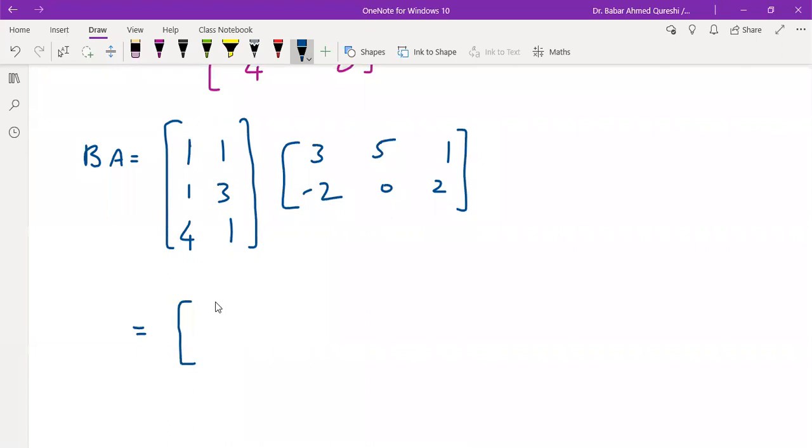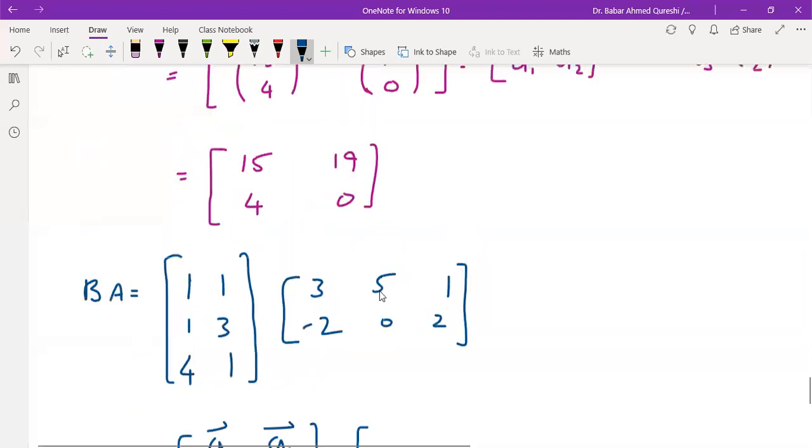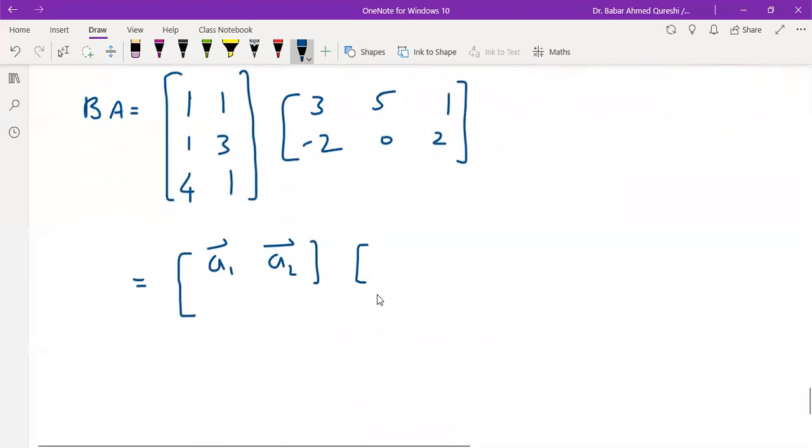So I have these columns A1 and A2. And in this, I was calling these columns W1. So my first method tells me.